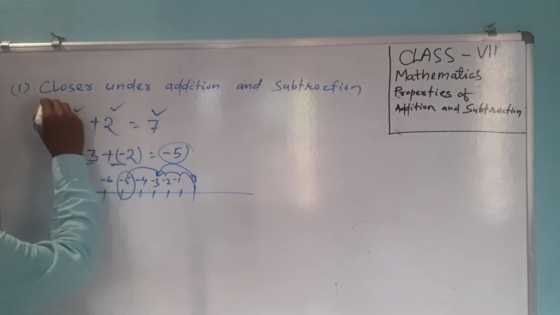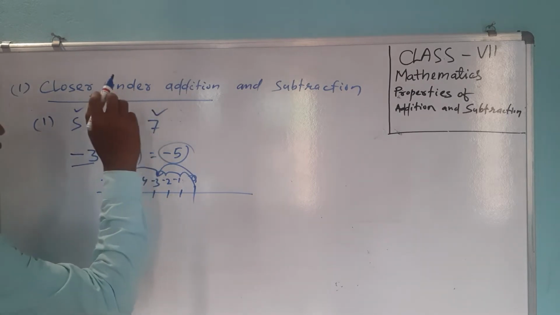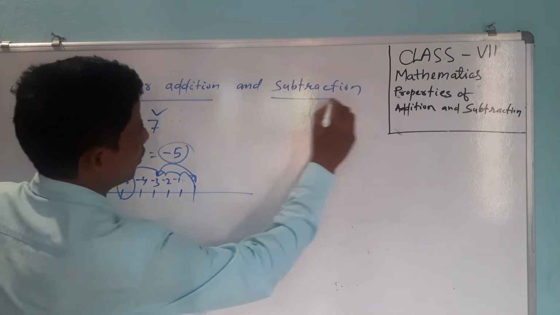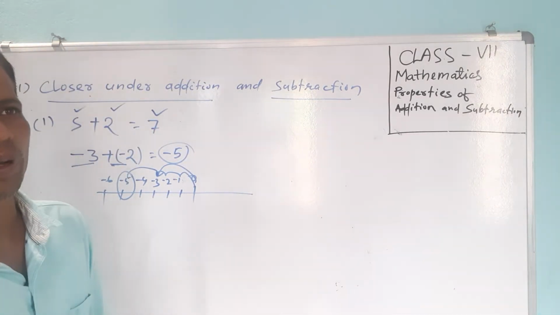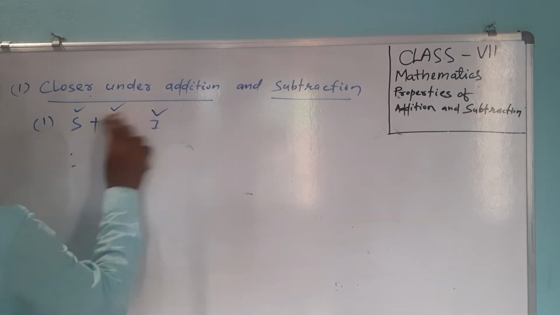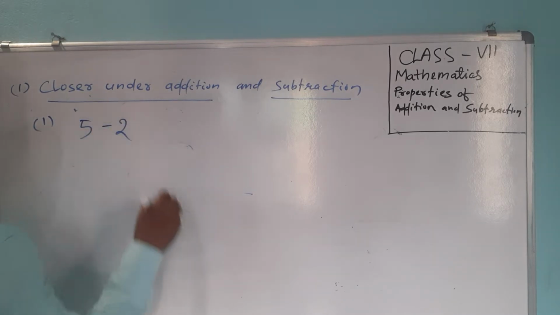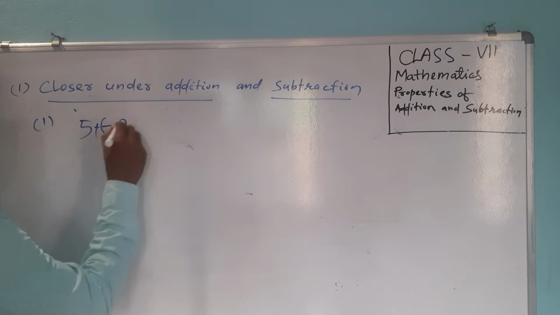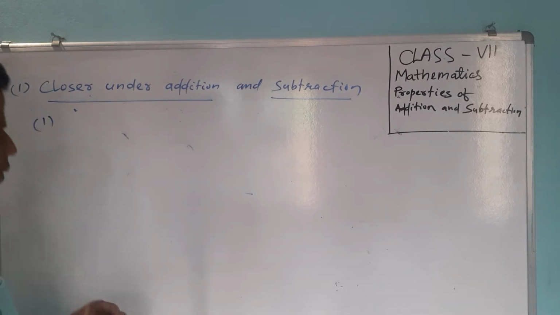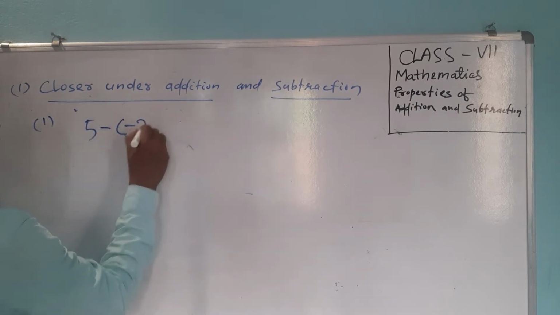In this way, closure under addition is followed by integers and closure under subtraction is also followed by integers. How? I will show you. Suppose I take 5 minus -2. Since it is subtraction, I take 5 minus -2.